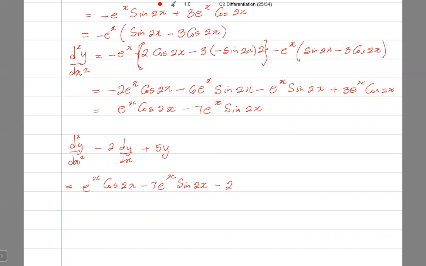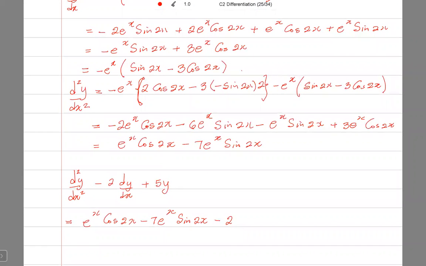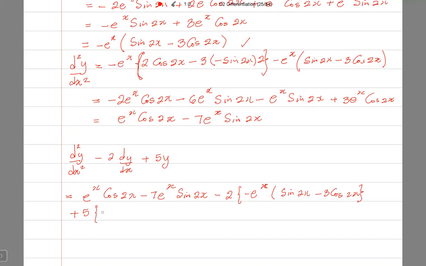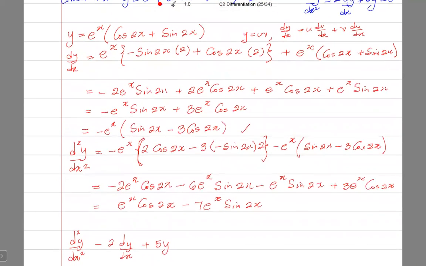Now dy by dx is this here. So this is minus e to the x, and inside the bracket I have sine 2x minus 3 cos 2x, plus 5y, but y is e to the x, and inside the bracket I have what? Cos 2x plus sine 2x.